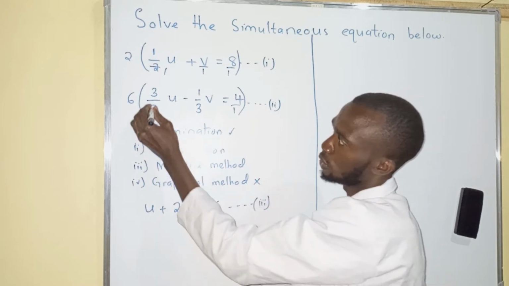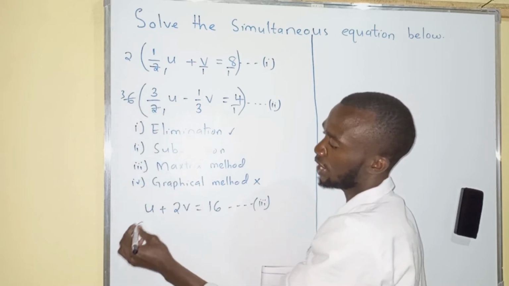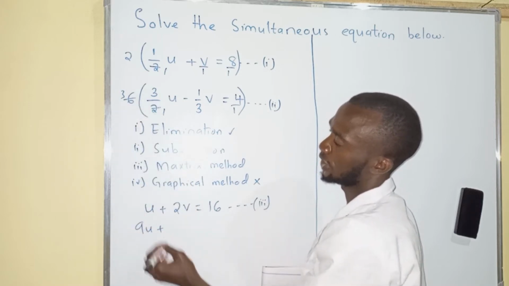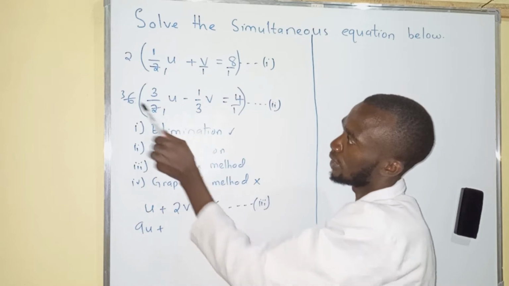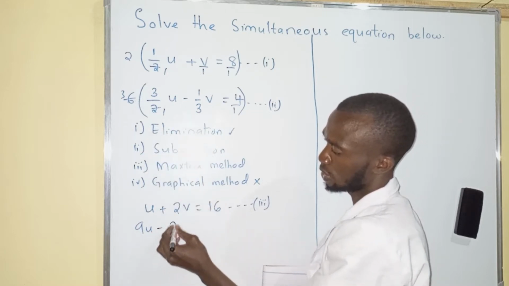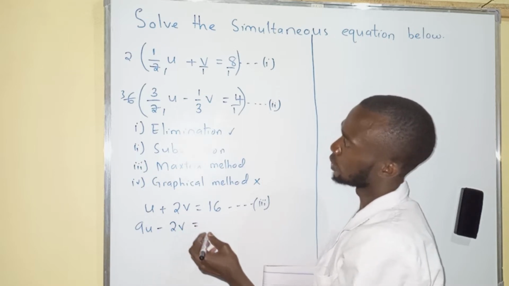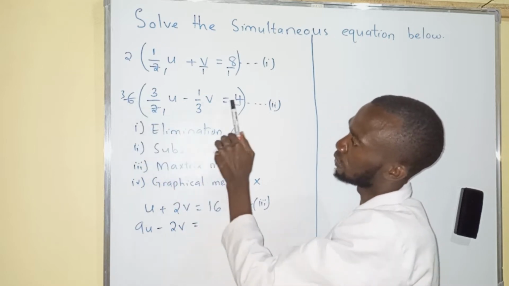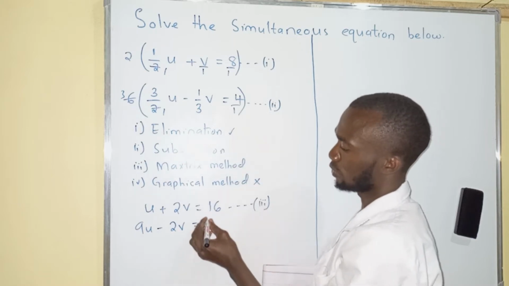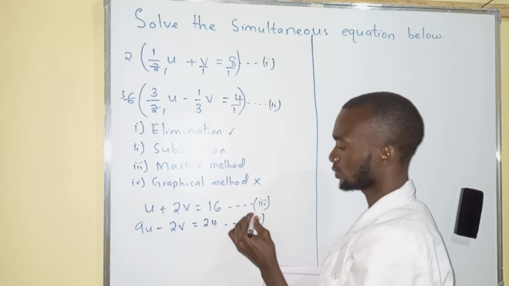Equation 4: 3 times 3 is 9u, plus 1 divided by 6 times 6, that is minus 2v, not plus, minus 2v, is equivalent to 6 times 4, that is 24. So now this becomes equation 4.